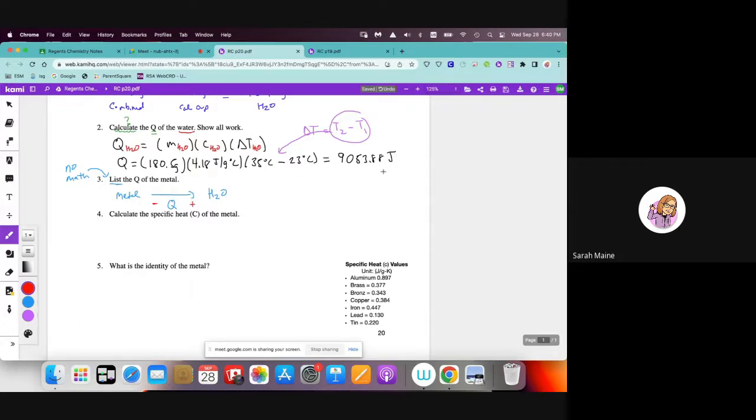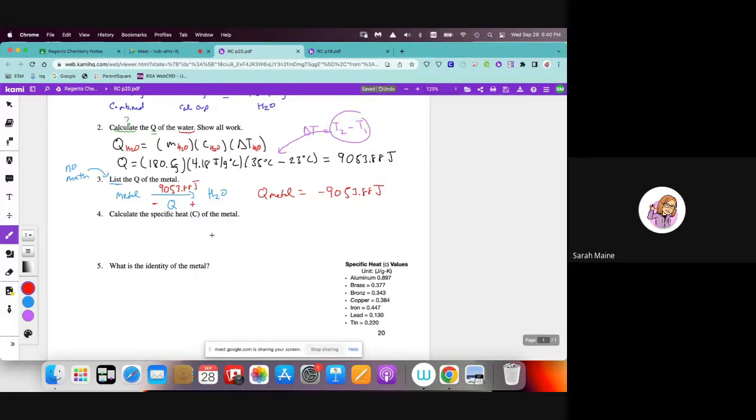So we know how much heat the water absorbed, and it got it from the metal. So the Q here is 9,053.88 joules. And because it's the metal, and the metal got rid of those joules, we show it as a negative number. It's the same value, just opposite sign.